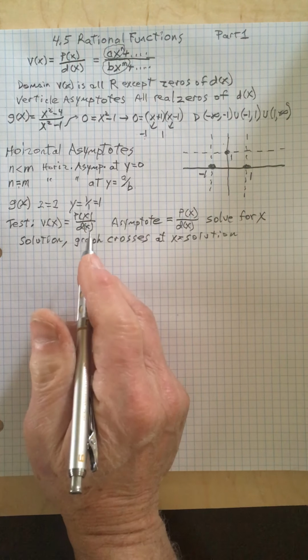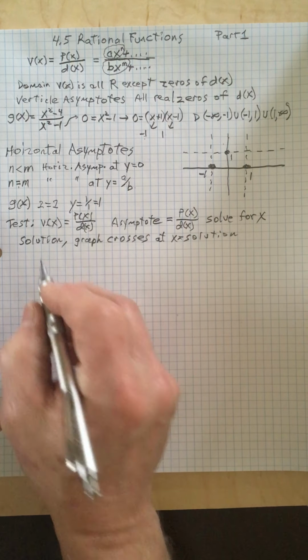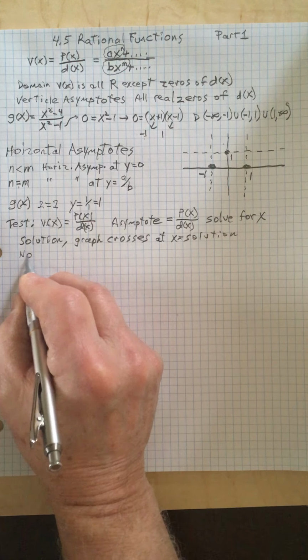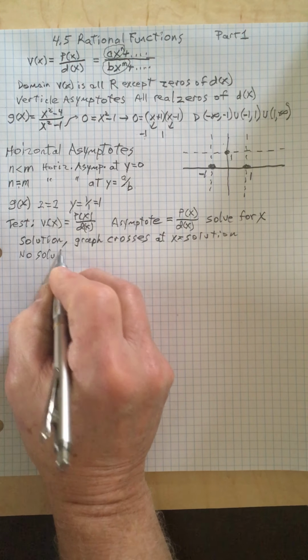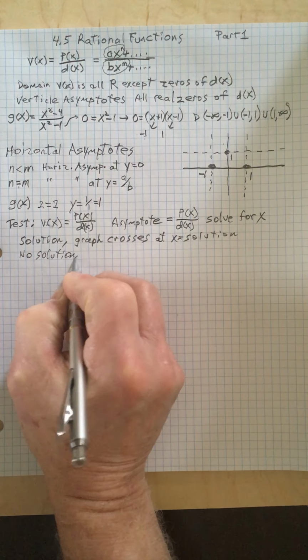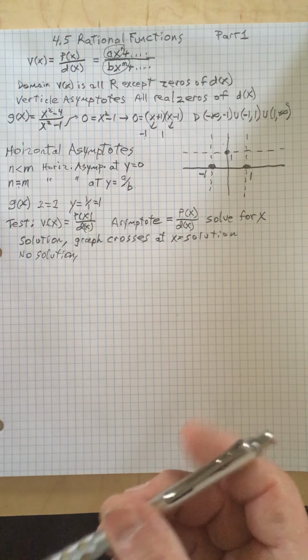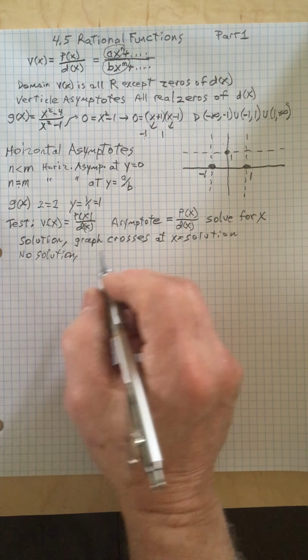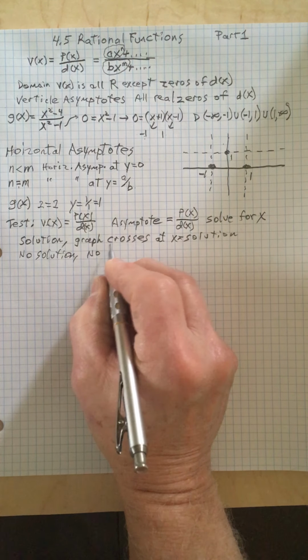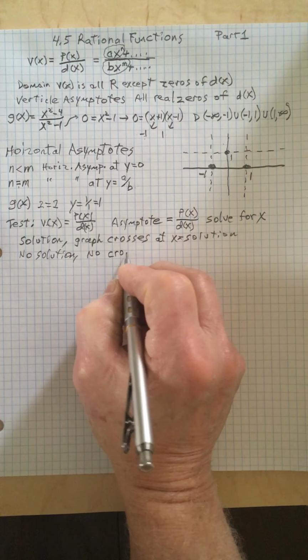If you don't get a solution, and we'll see an example of that, no solution. In other words, that's going to be one of those deals where you get something like 5 equals -2. It can never be true, so it's a no solution. If no solution, no cross. It never crosses.